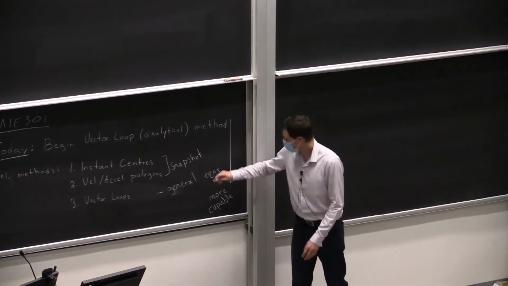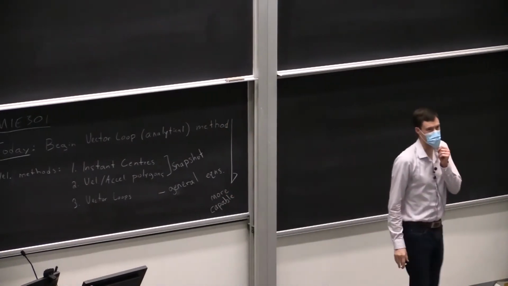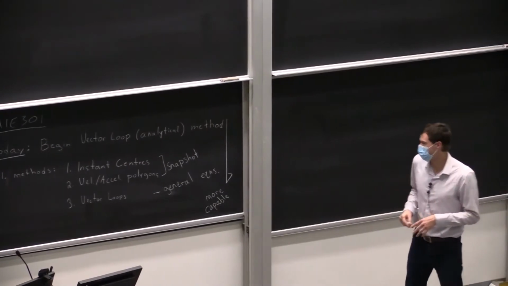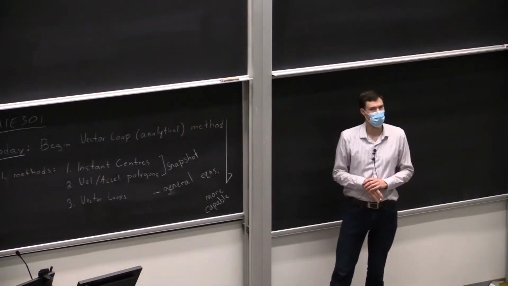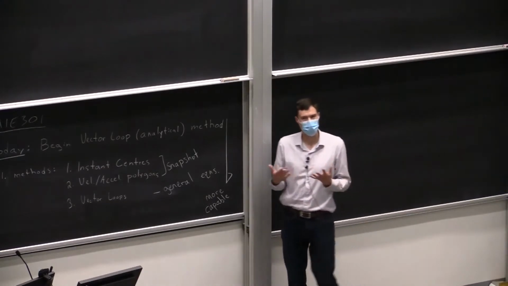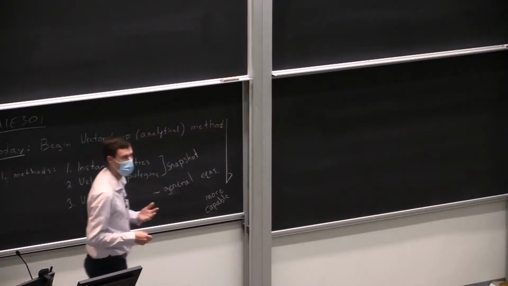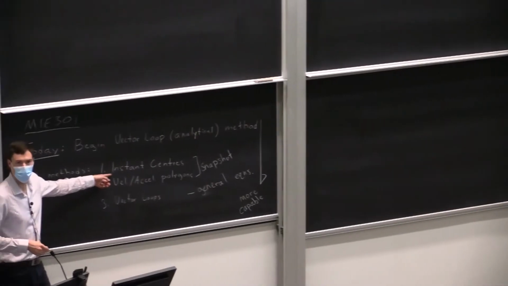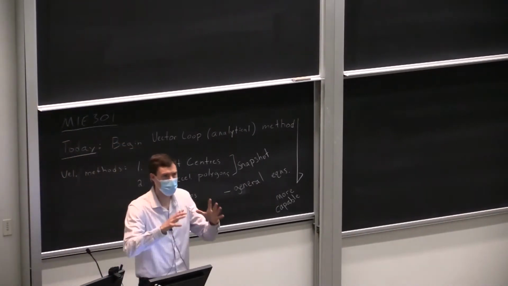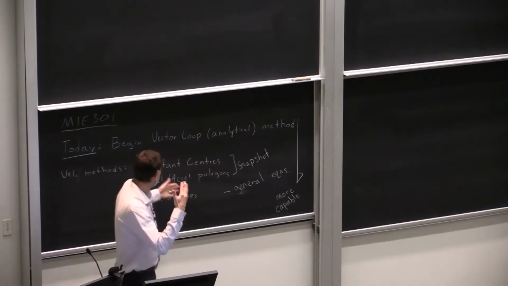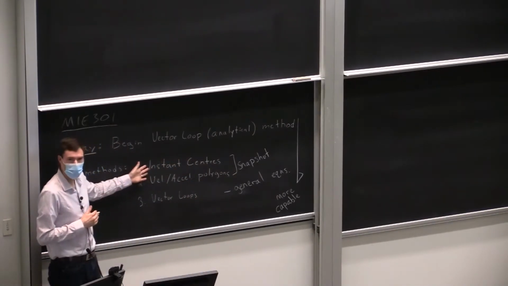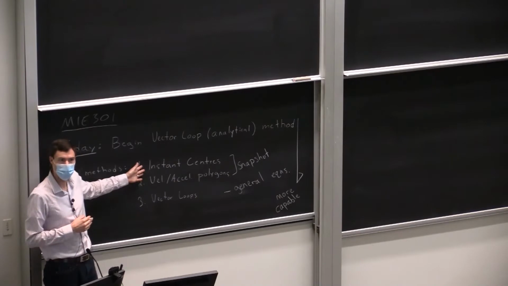And you may wonder why we did the earlier methods. Why don't we just skip to the equations? Because as we go through these, I think the methods get less intuitive, and they tell you less at a glance about what's happening. So remember, our instant centers method was very, very basic. We're thinking about motions between links, and there were lots of mental images we could draw from our mechanism motion.